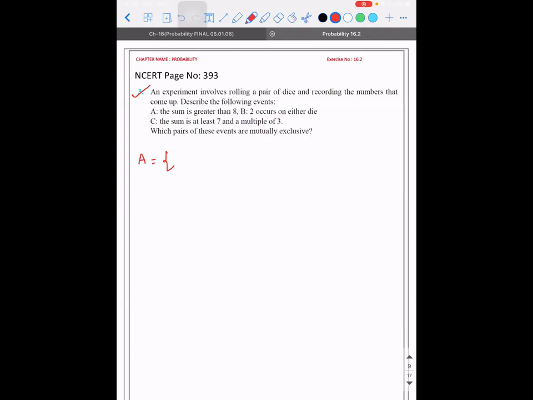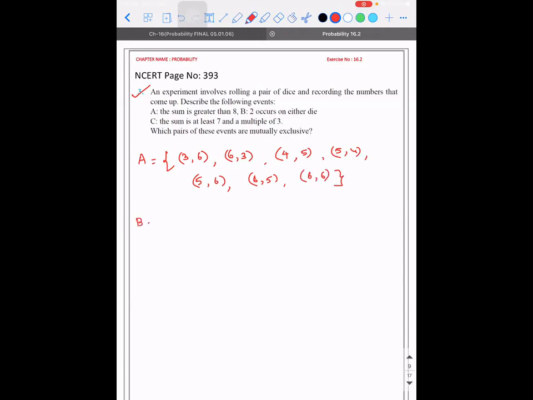So I should start with minimum of 3. 3 comma 6, 6 comma 3. If I start with 4, 4 comma 5, 5 comma 4. If I start with 5, 5 comma 6, 6 comma 5. If I start with 6, only 6 comma 6. Okay, sum is greater than 8.